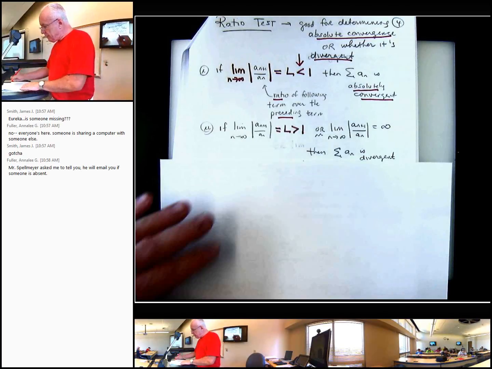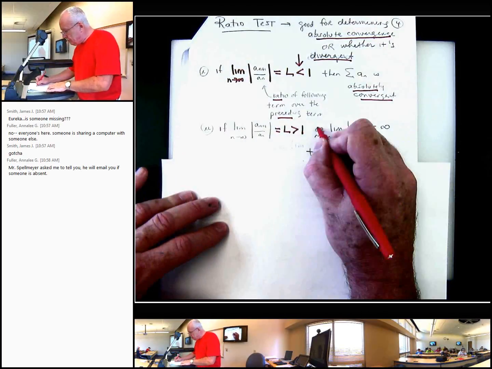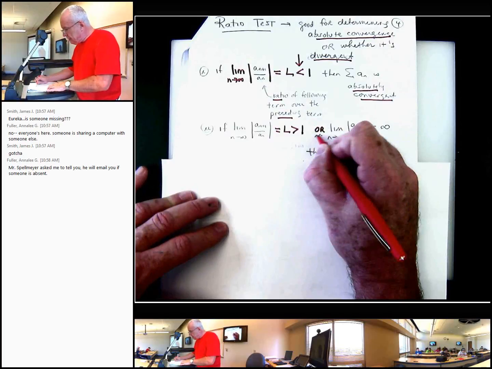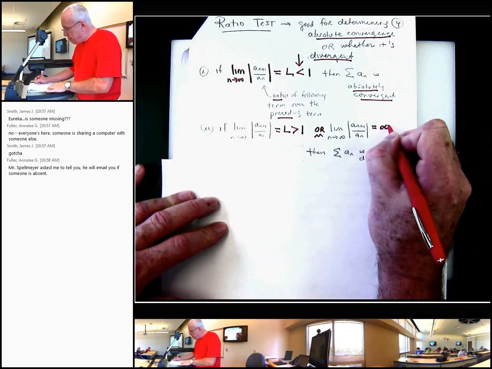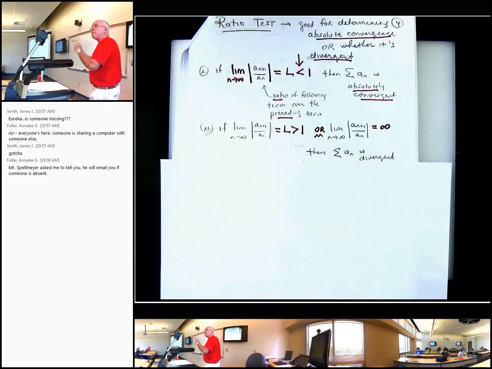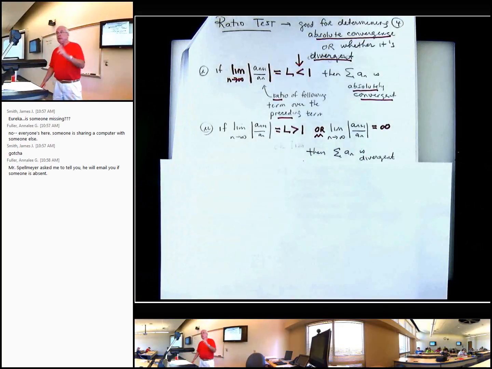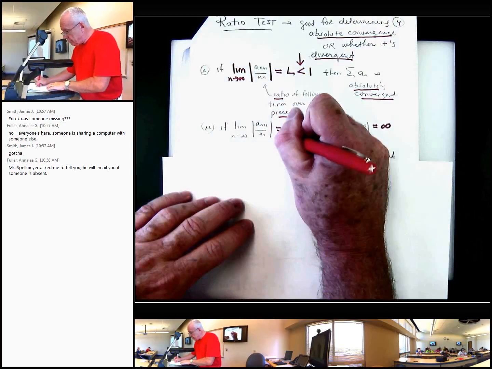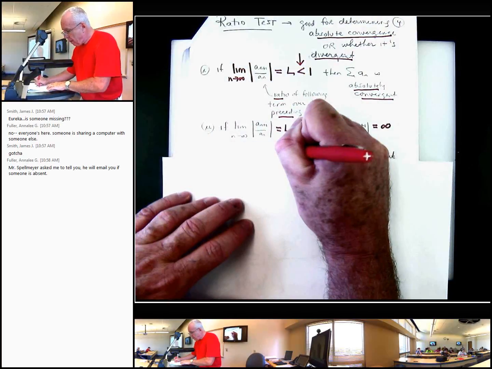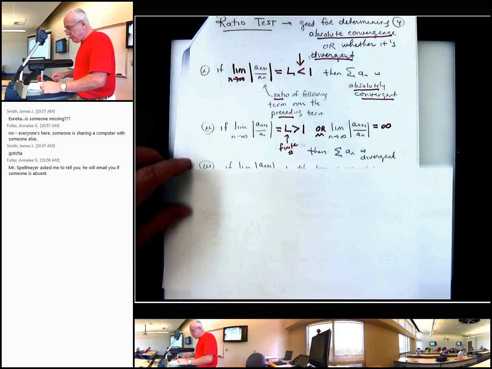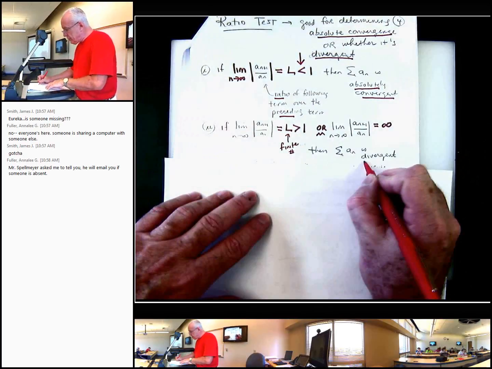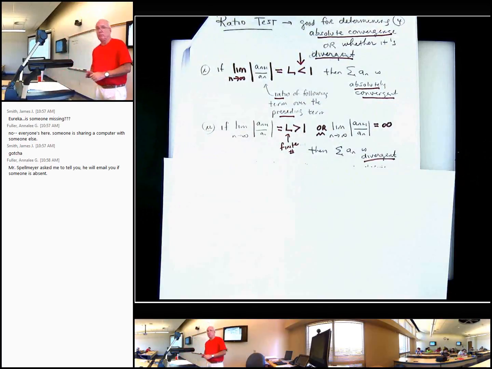Or we could have the case that this limit of this ratio gets bigger and bigger and actually equals infinity. Either case, if that is the case, then our series is divergent.